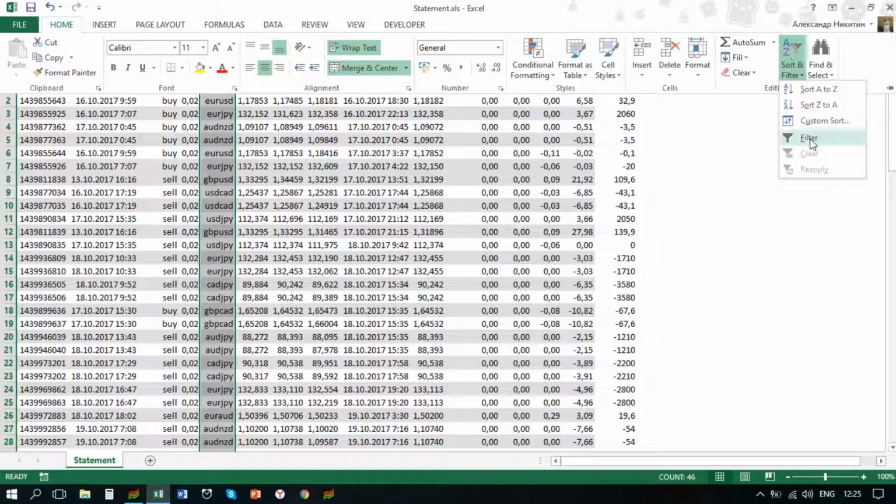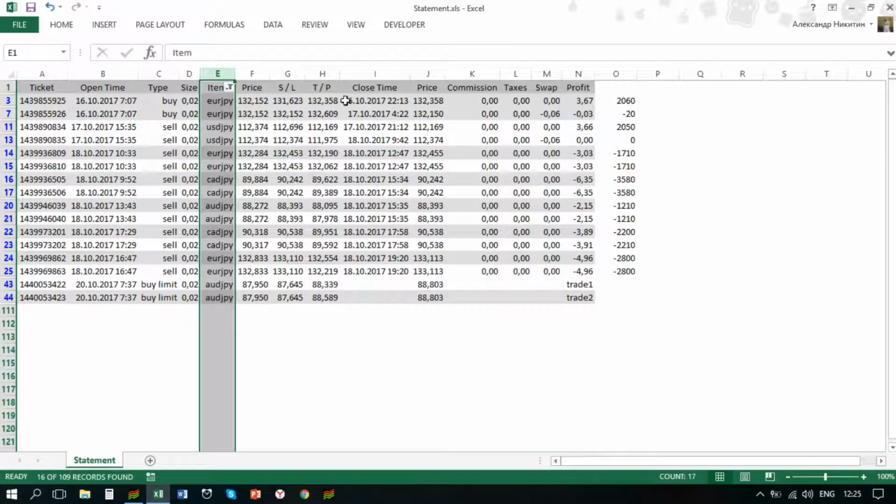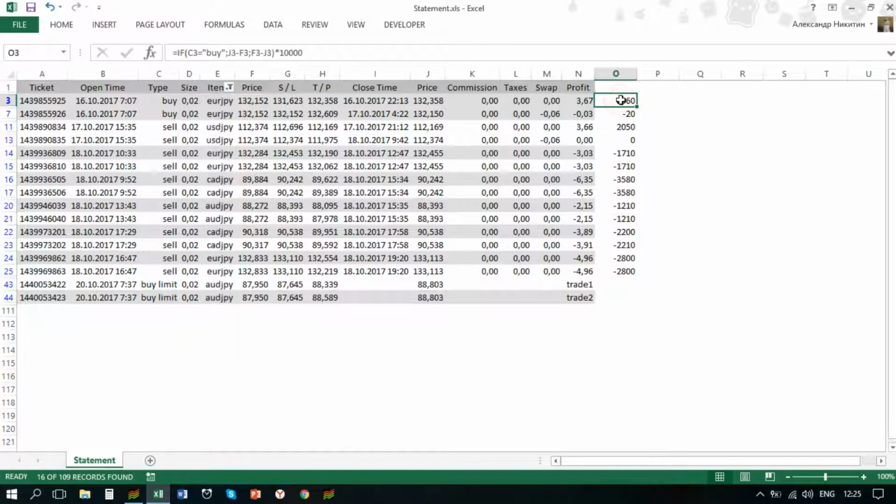Let's go to filter and let's find some yen pairs. Yen, not yen, not yen. Okay, no, yen. Yes, done. This way I only have yen pairs displayed.